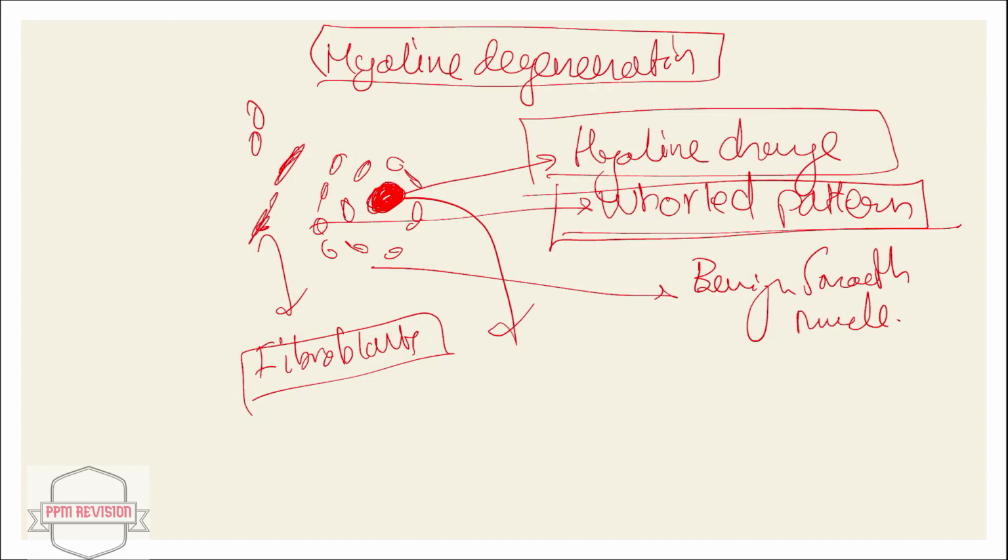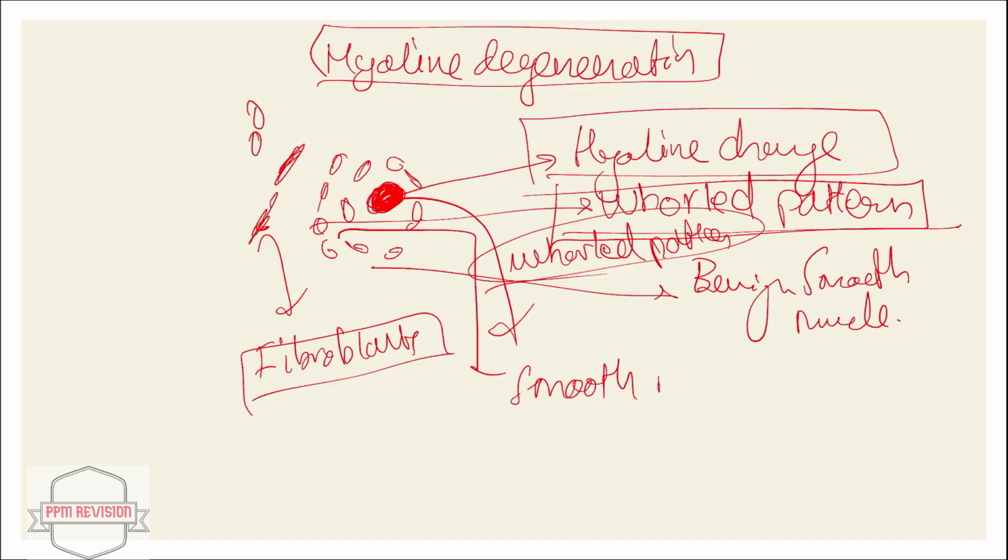The first thing that should strike your mind is the hyaline change. What is surrounded by the hyaline change? You have the presence of the whorled pattern. This contains nothing but the benign smooth muscles. Hopefully it's easier. So you have the presence of smooth muscles as well as the presence of benign fibroblast.